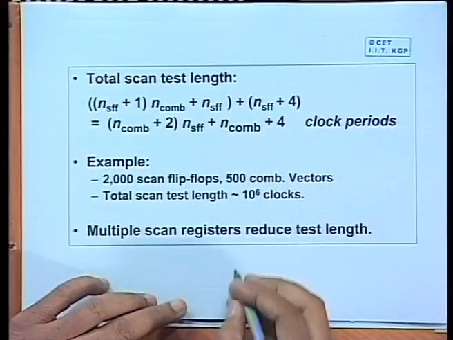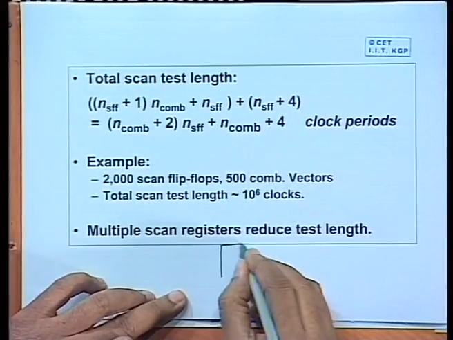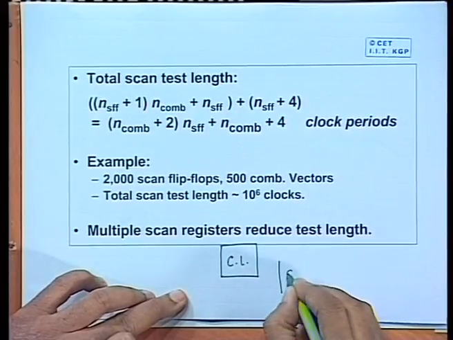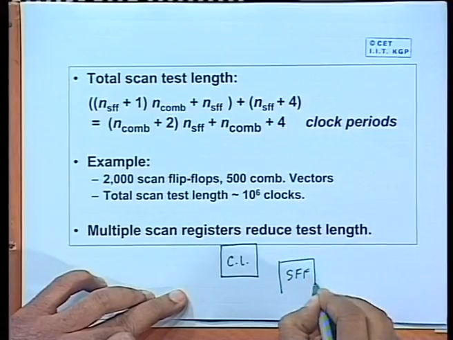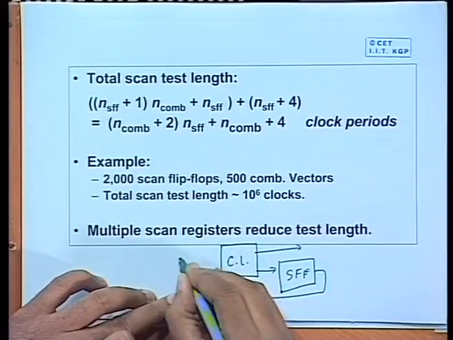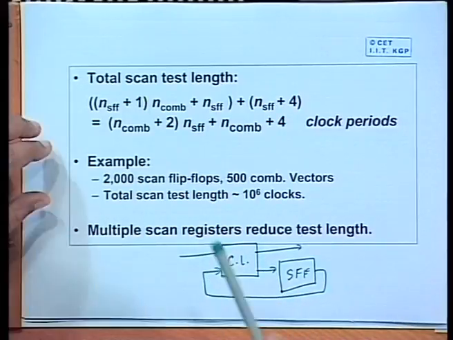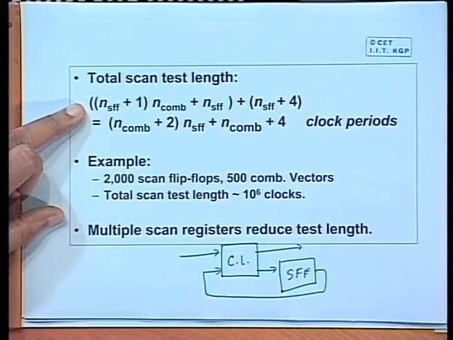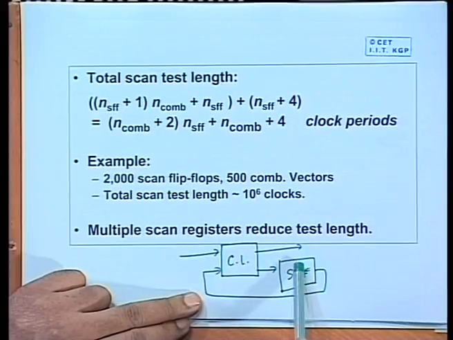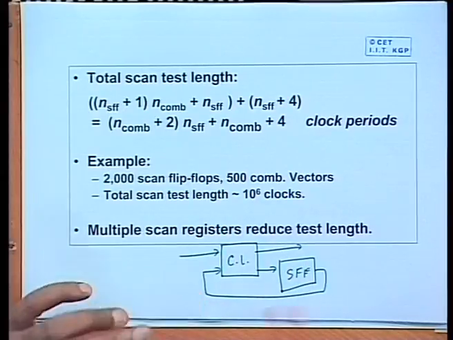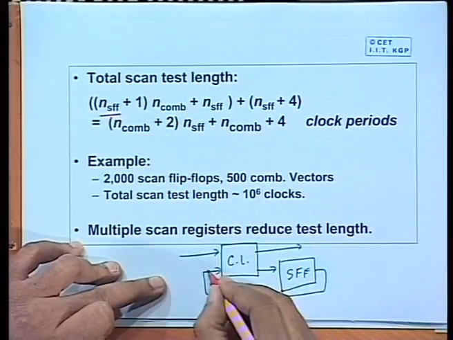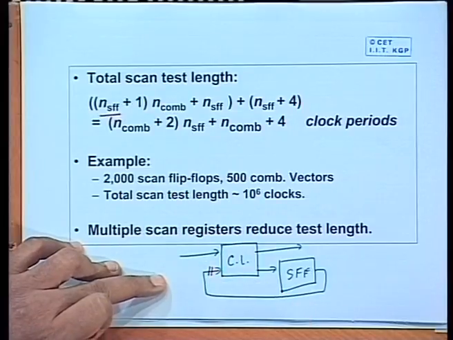Now, you try to recall what I had said earlier. You have the combination logic, you have the scan flip flops. So, you have a structure like this. Now, for applying each test pattern, what you do? You apply NSFF clock pulses to feed these registers. Okay. So, you need NSFF clock pulses to load this register, so that these inputs are now applied.